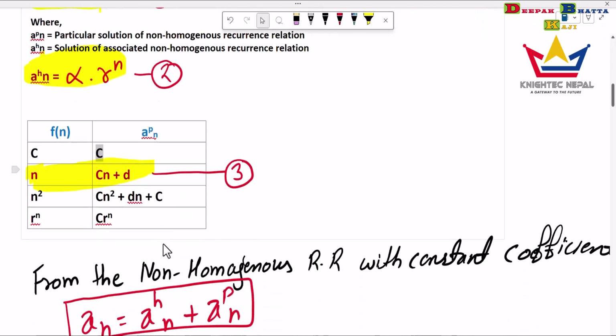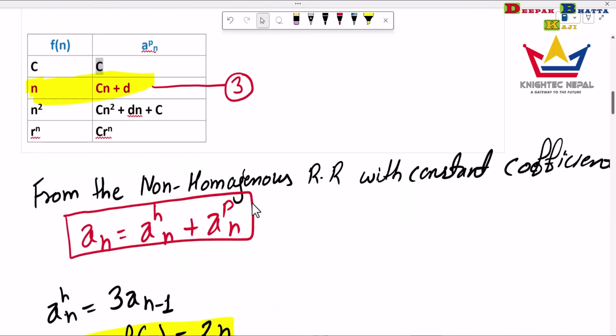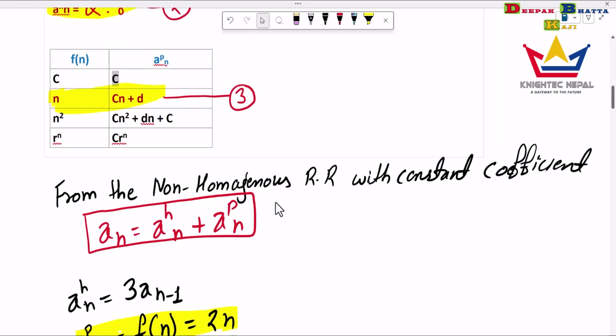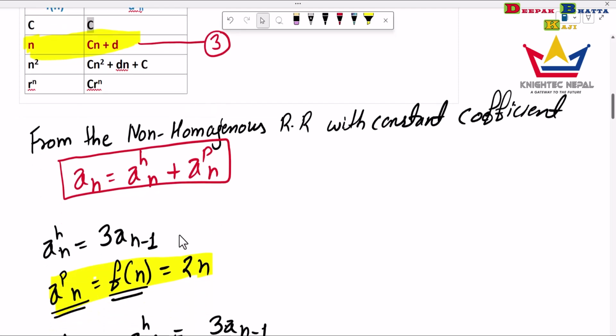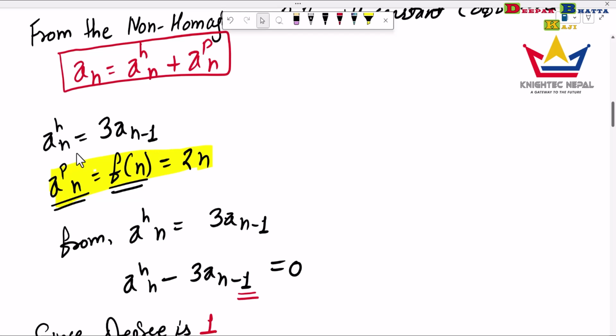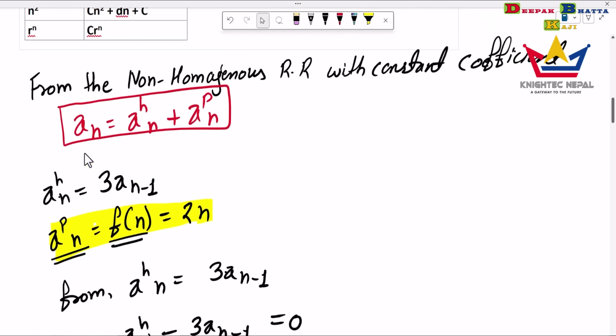So from the homogeneous recurrence relation with constant coefficient, we have the formula a_n equals a_n^h plus a_n^p. We substitute the value, that is a_n^h equals 3a_{n-1}.